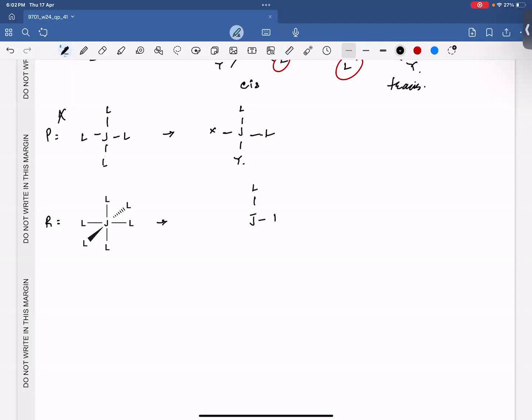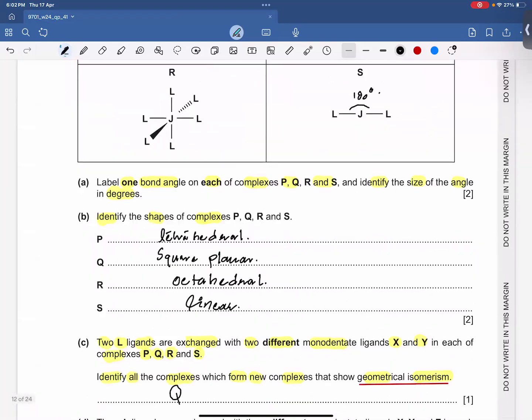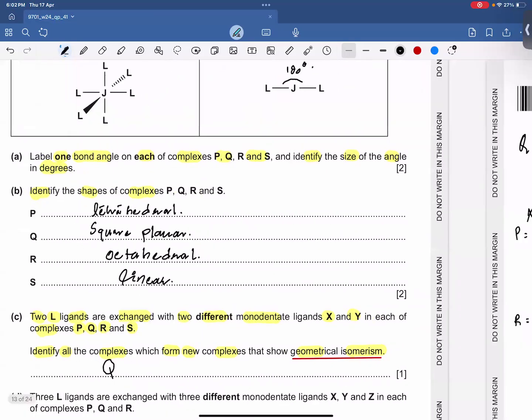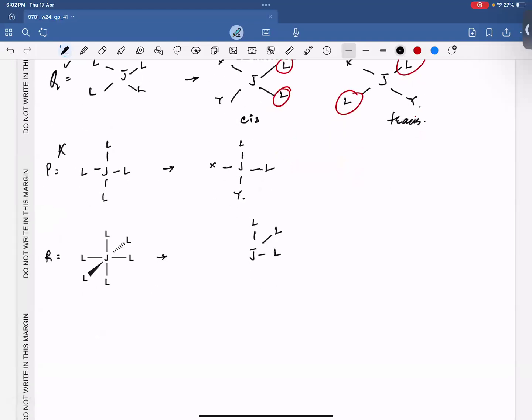This is L. This is L. Yes, I can do that. R में भी हो जाता है.